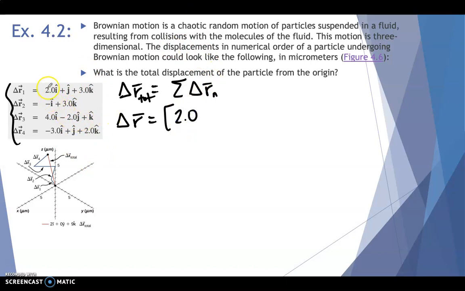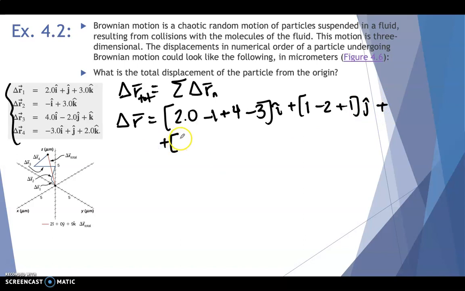It's going to be 2.0 minus 1 plus 4, I'm going to drop the zeros, minus 3, and that's in the i direction, plus 1j, this one has 0, this one has a negative 2, and this one has a 1, j, plus, I'll go down here, 3k plus 3 plus 1 plus 2 k hat.